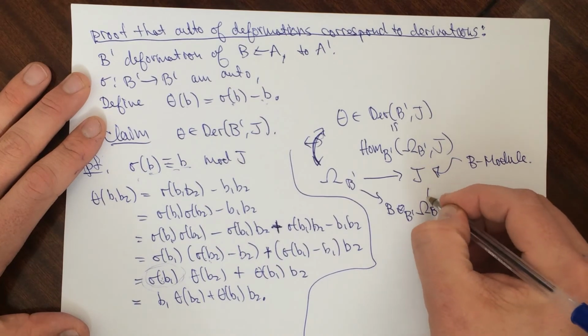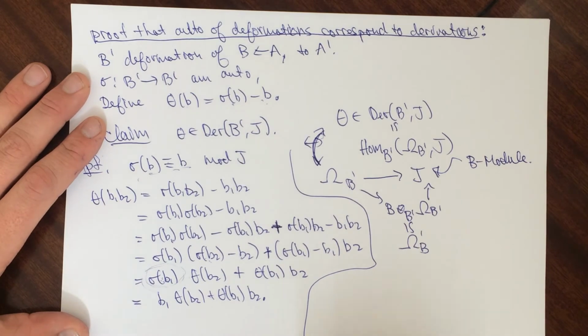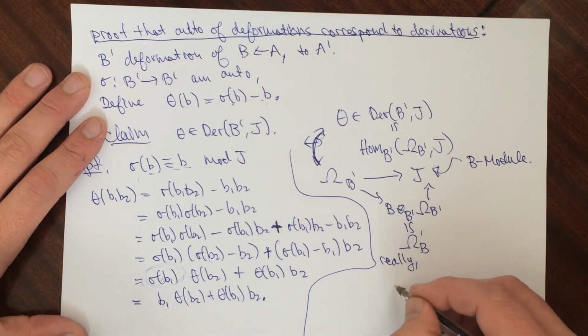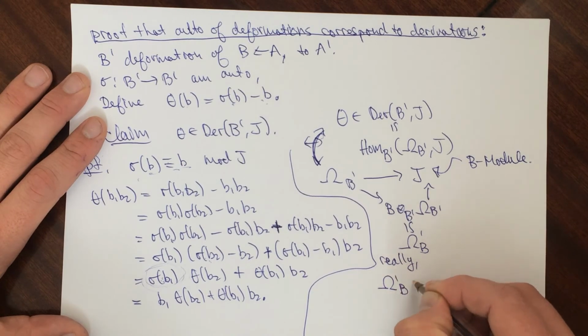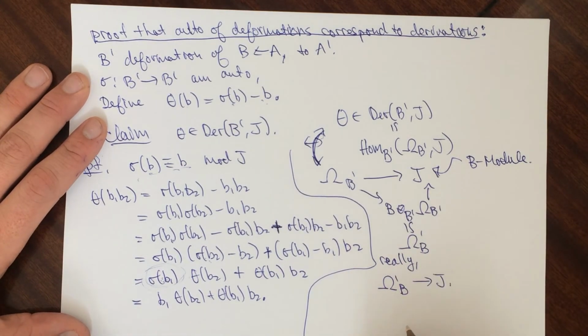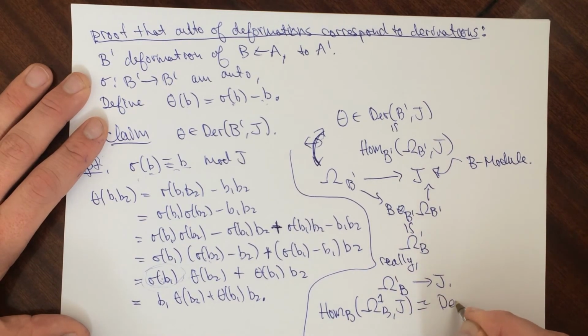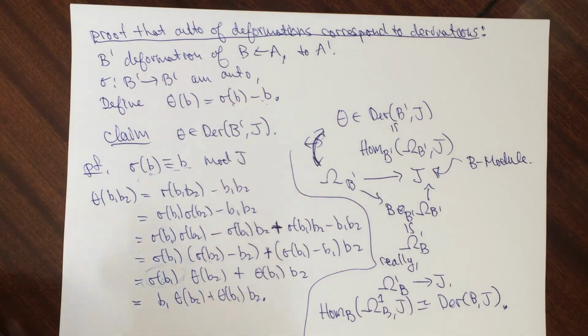And I claim that this is isomorphic to omega 1 of B. So we really have maps of B modules from omega 1 of B to J. And using the fact that homomorphisms of B modules from omega 1 of B to J are really derivations from B to J, this concludes what we want.